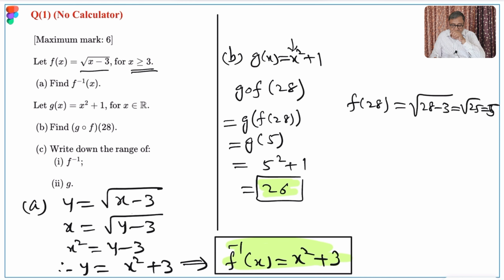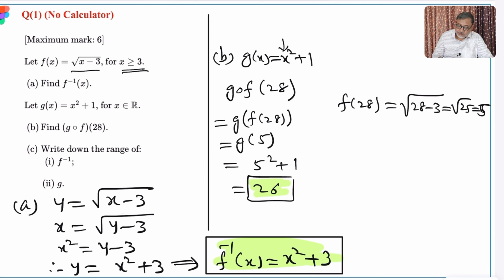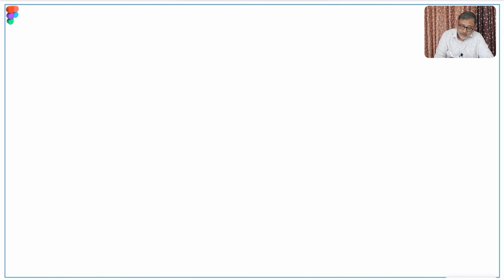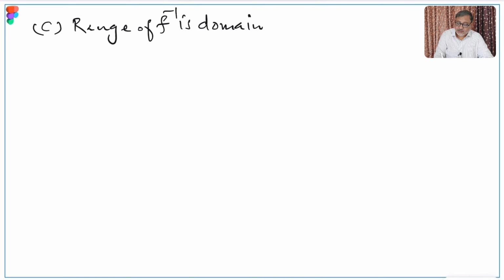Now there is a C part also. Write down the range of f inverse. I will do the C part here. Range of f inverse is domain of f. Range becomes domain, domain becomes range. So the domain of f will be the range of f inverse, but instead of x we will write y.